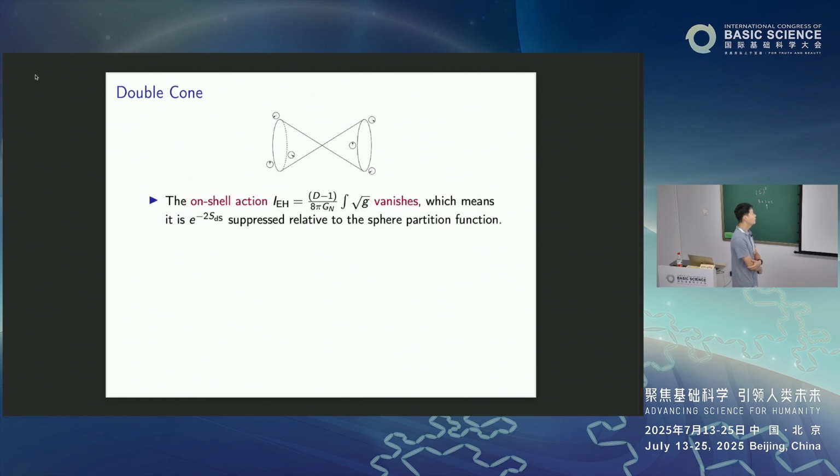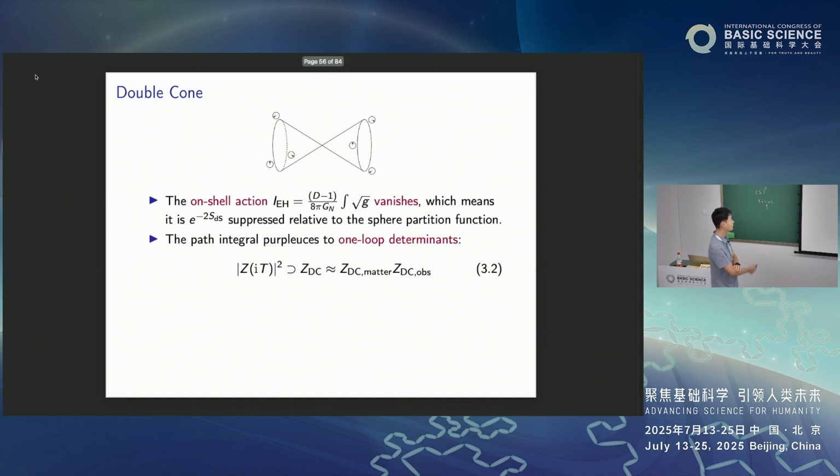You can calculate the on-shell action of this wormhole geometry, then you find it vanishes. That means it's suppressed by e to the minus 2 times the de Sitter entropy relative to the disconnected contribution. And then the path integral just reduces to the one-loop determinants.